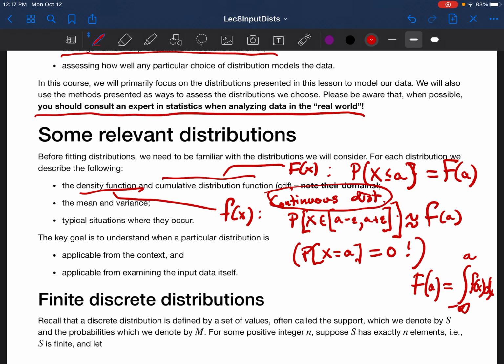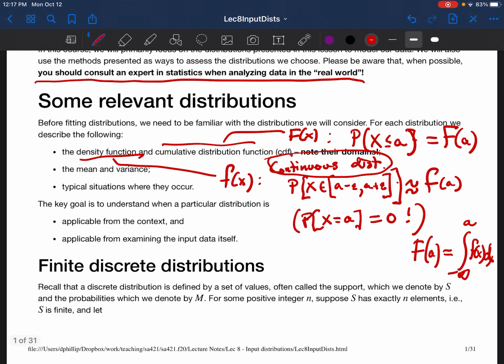Before I get into the continuous, I wanted to mention the finite discrete distributions. This is when you have frequencies of a discrete set of events.